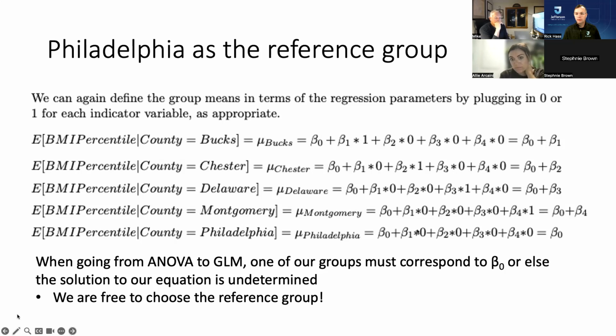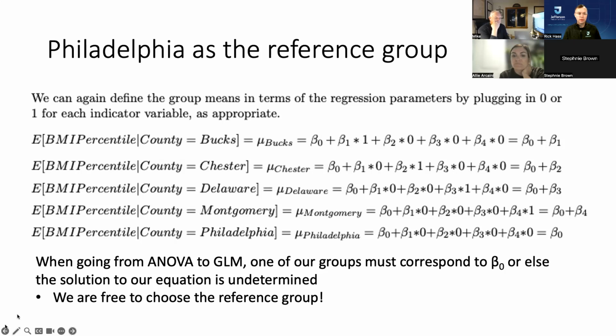Right? And then of course, here's the important part. The intercept in general in a regression equation represents the average value of y when all the predictors are equal to 0. So in the indicator group pattern, when all the predictors are equal to 0, that's your reference group, Philadelphia, right?